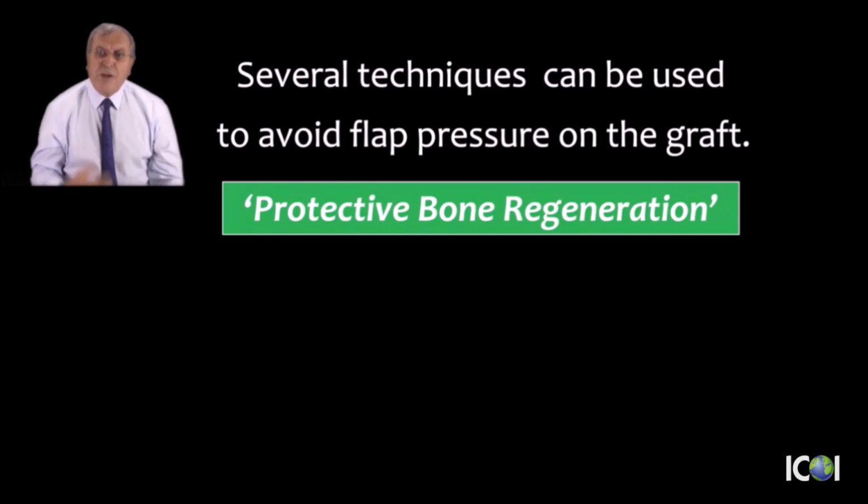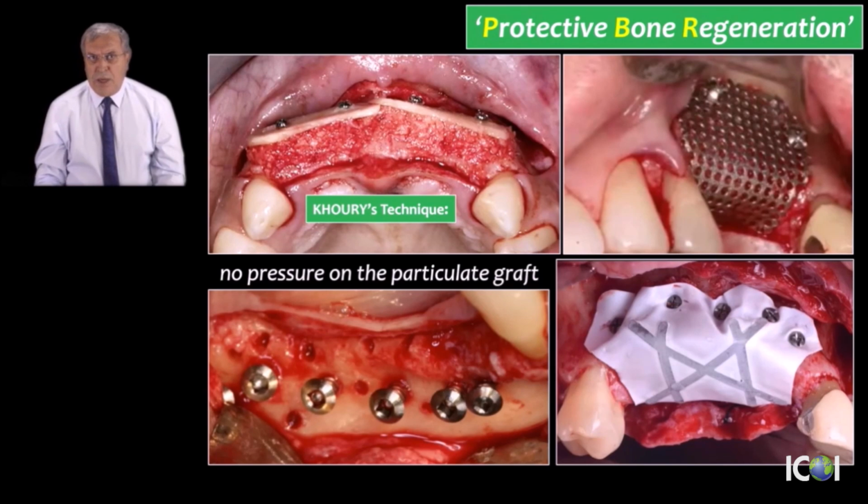I talk about protection. We know several techniques, very nice techniques, working well. All the techniques that are working well are protective. Curie technique, it's autogenous bone, but it's a protective technique against the pressure from the gum.